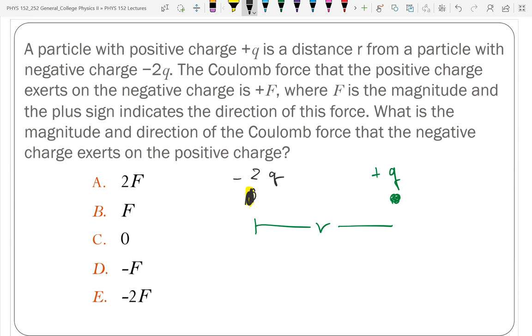The Coulomb force that the positive charge exerts on the negative charge is plus F. So the positive on the negative means the force is going like this, where F is the magnitude and the plus sign indicates the direction of the force. What's the magnitude and direction of the Coulomb force that the negative charge exerts on the positive charge?